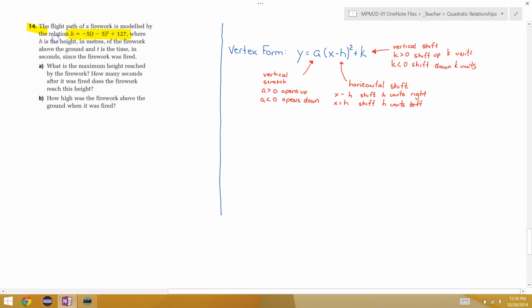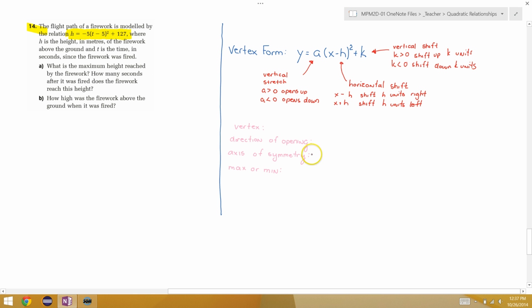The key attributes we want to identify are the direction of opening, and if it has a max or a min, and if so, what is that point?